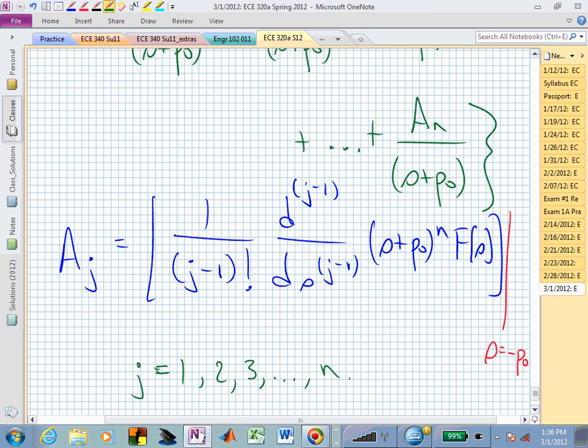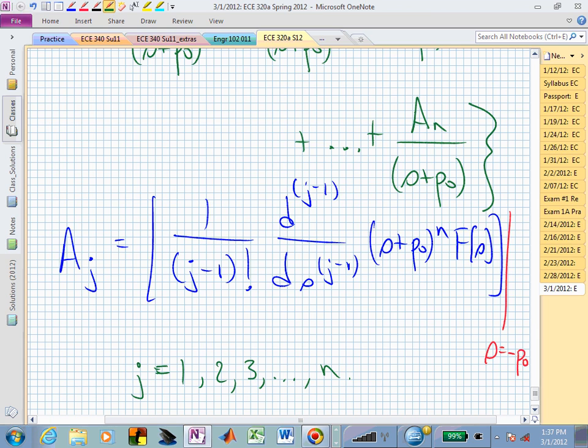So this is 1. We're okay there. What does this do? We now have the 0th derivative, right? And we're just multiplying s plus p 0 to the n times f of s and evaluating it at minus p naught. So that's okay.